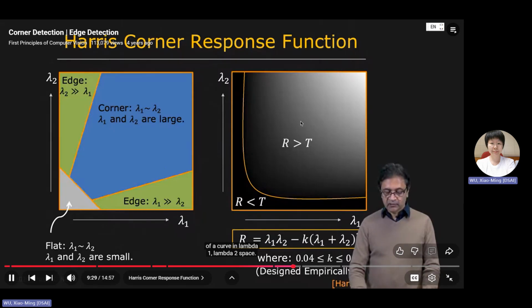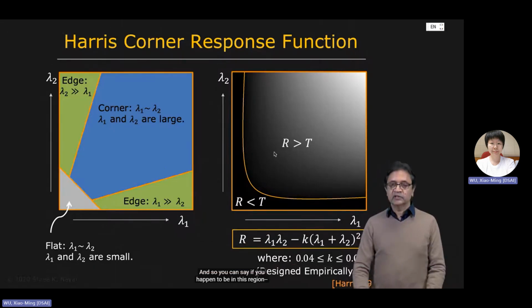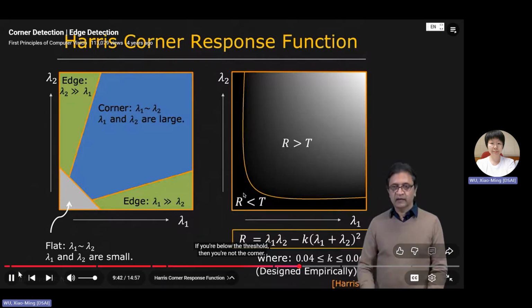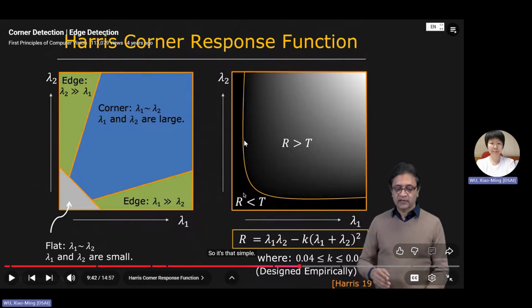In lambda 1, lambda 2 space, if you happen to be in this region, where R is above the threshold, you're likely a corner. If you're below the threshold, then you're not a corner. This line represents the points whose corner response equals the threshold T.